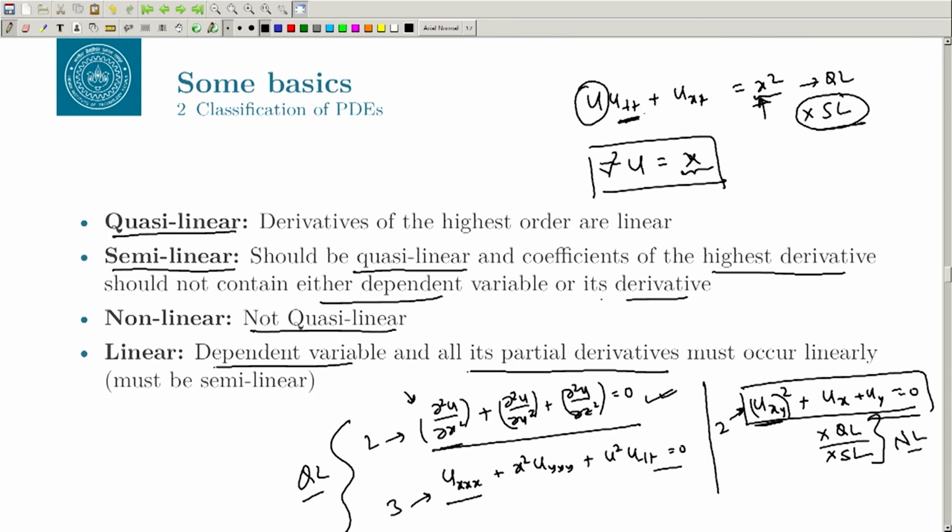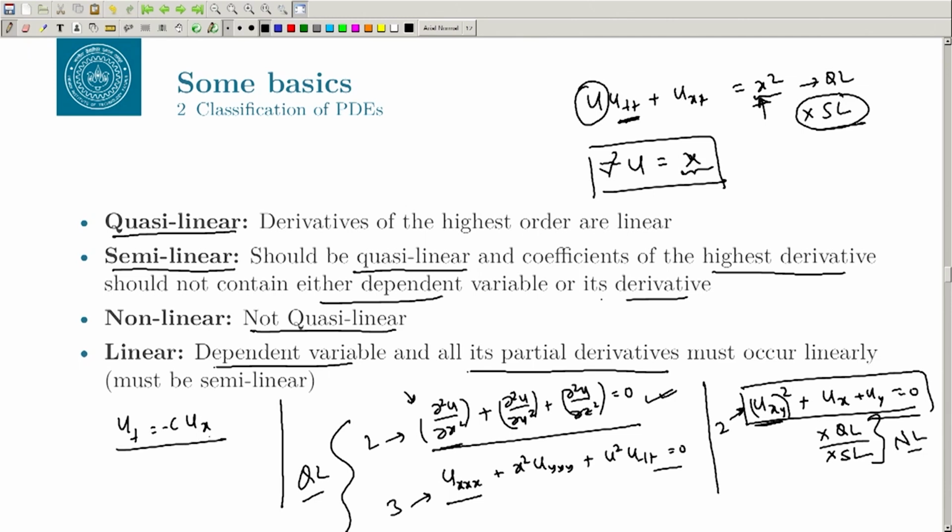We already saw many examples, for example, the heat equation or the linear convection equation. So, this is, let us say, u t equal to minus c u x.